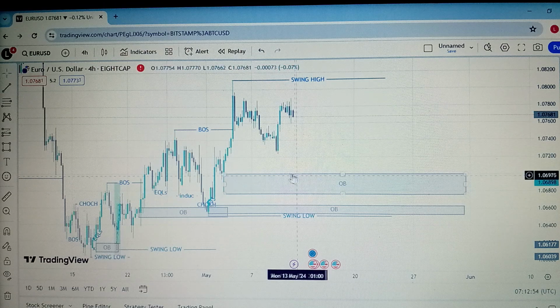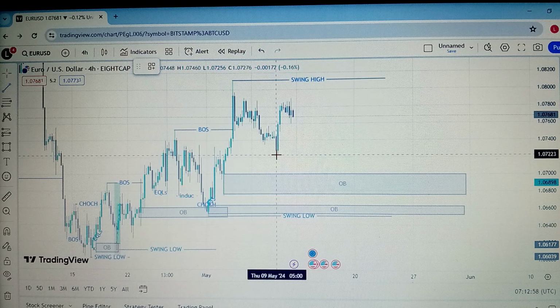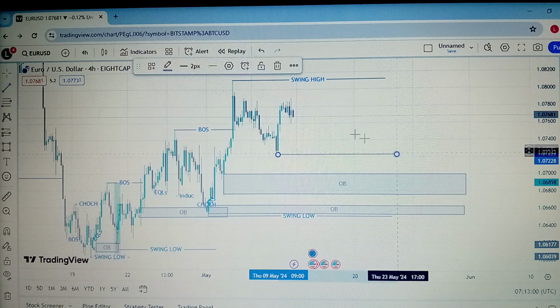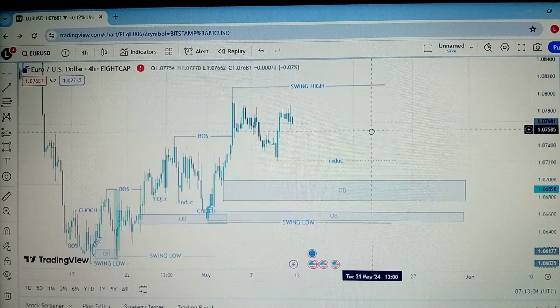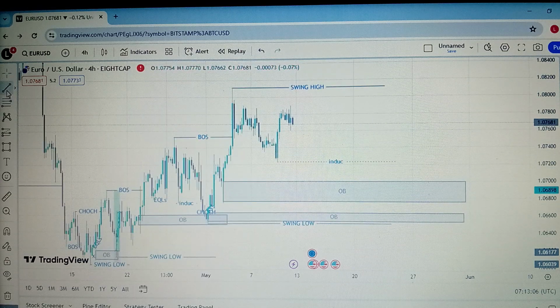I'll be looking for price to come in here, because right now what I see is that we have inducement right here, and a fair value gap, or FVG for short, right here.